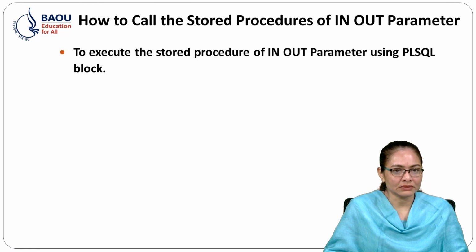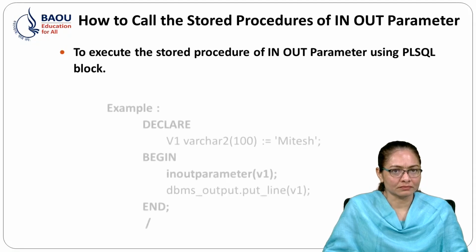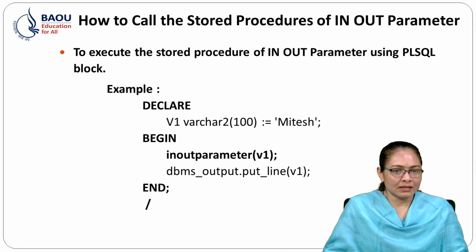See, to execute the stored procedure of IN OUT parameter using the PL/SQL block. Here, in a declaration part, variable v1 is used as a varchar2 and size is 100, is equal to store Mitesh.